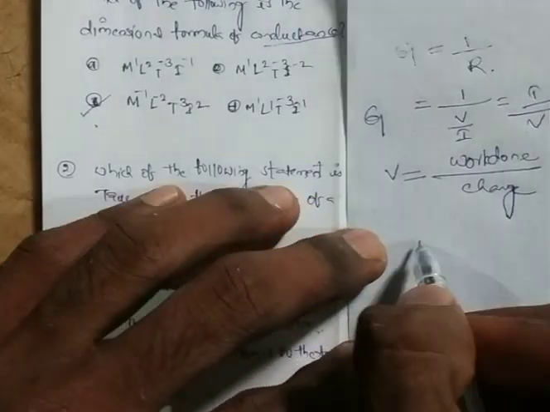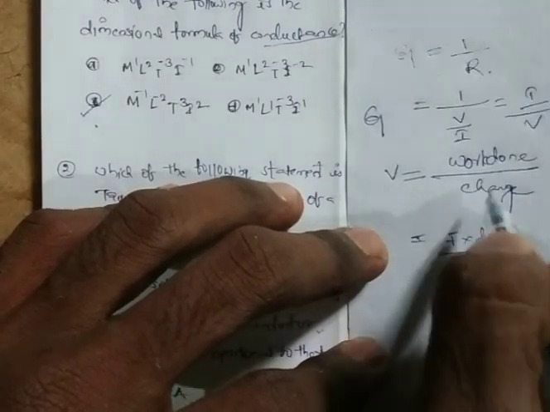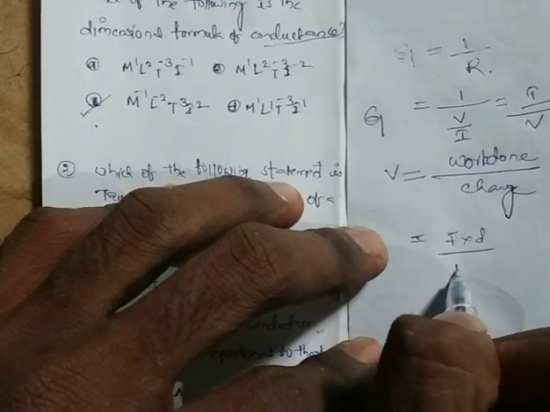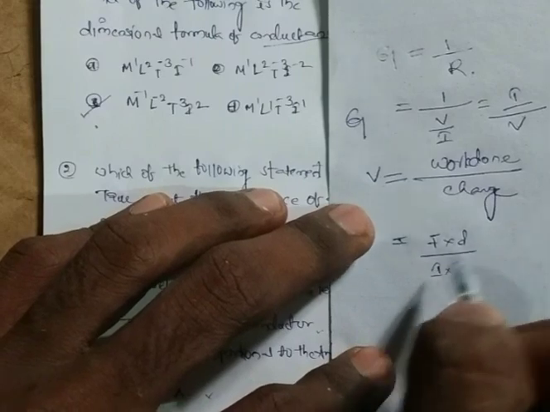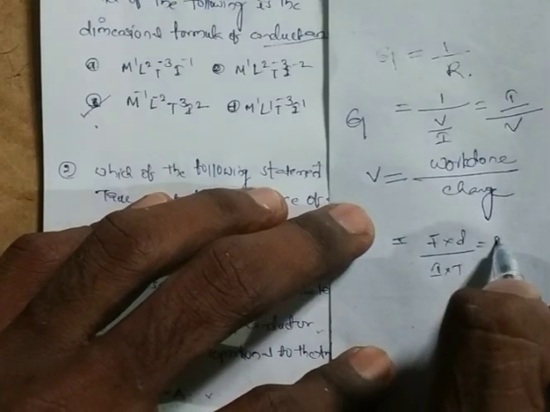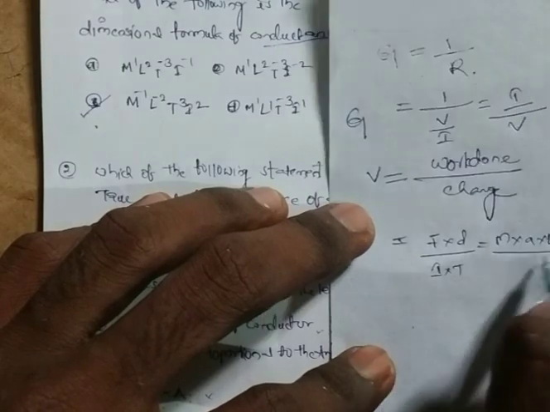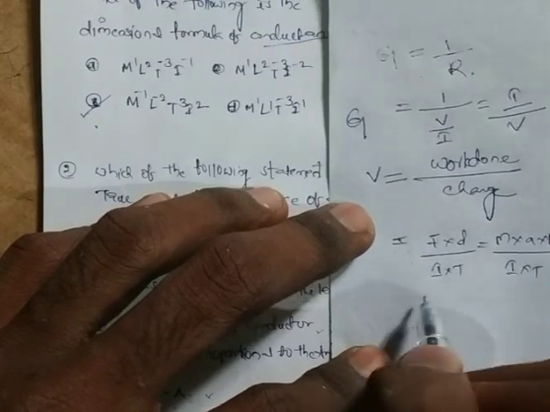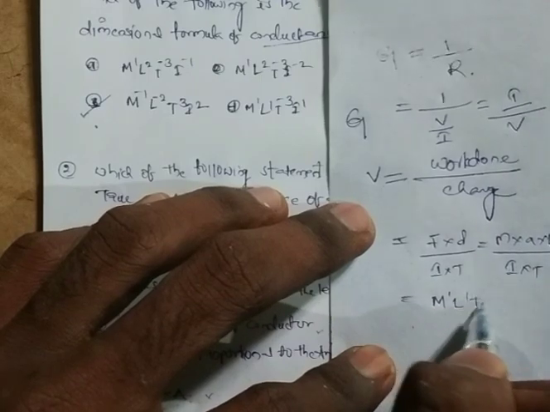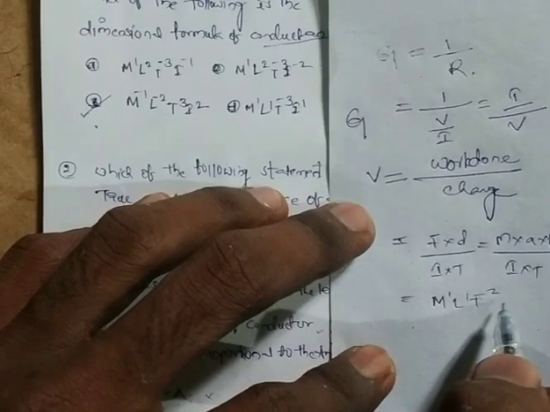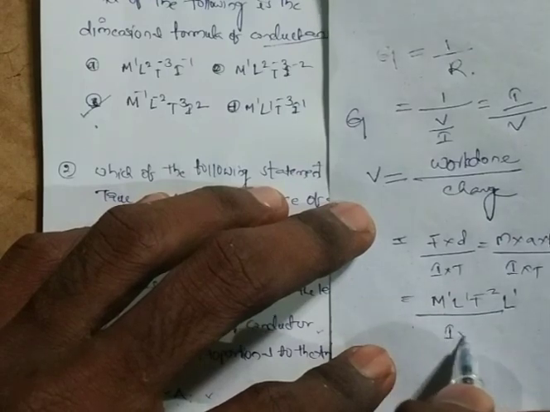We know the formula for work done. Work done is equal to force into displacement, and charge Q is equal to I into T. F is equal to mass into acceleration, and displacement is L. So mass M1, acceleration L1 T minus 2, and L1 by I1 into T1.